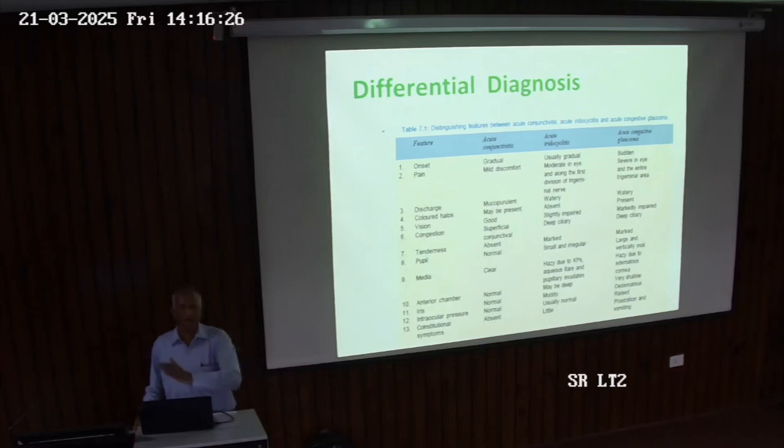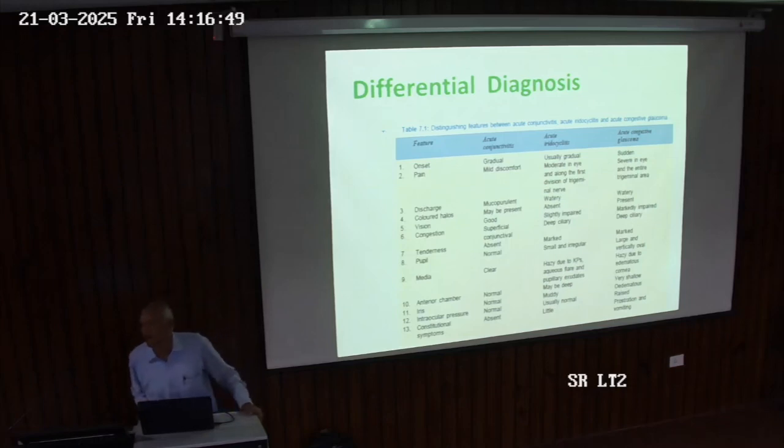Whenever patients come to the OPD with a red eye, complaining of pain, these three things must come to your mind. It can be conjunctivitis, acute iridocyclitis, or acute congestive glaucoma or narrow angle glaucoma.